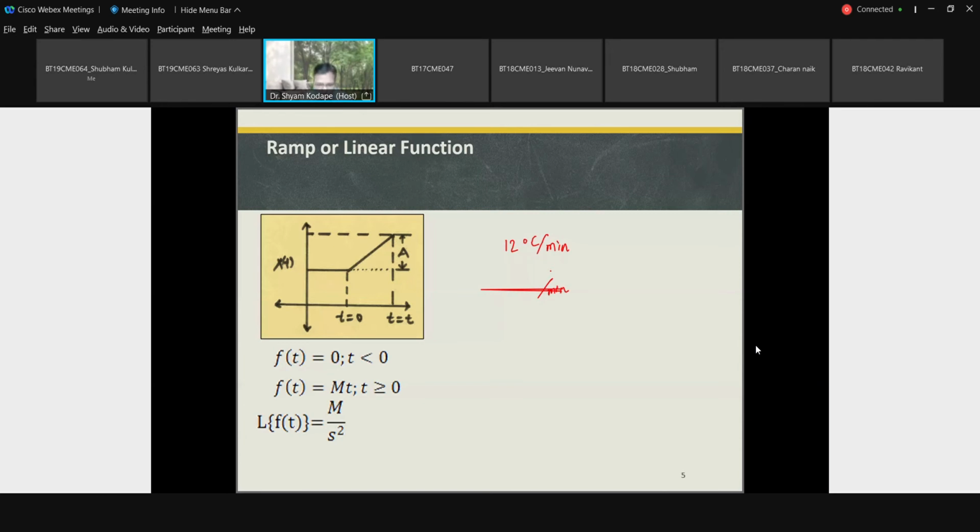Concentration per minute is changing. In such cases, if any input is subjected to such particular changes, then we call it a linear function or the ramp function. It is an inclined line. Are you getting my point? It will be the inclined line.